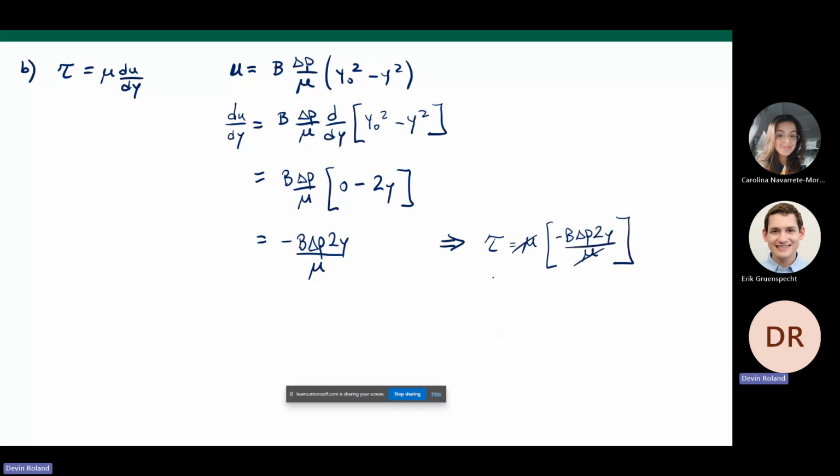Cancel the mu's, and we get our shear equation is negative 2b delta p y. And that's that. Are there any questions on that one?